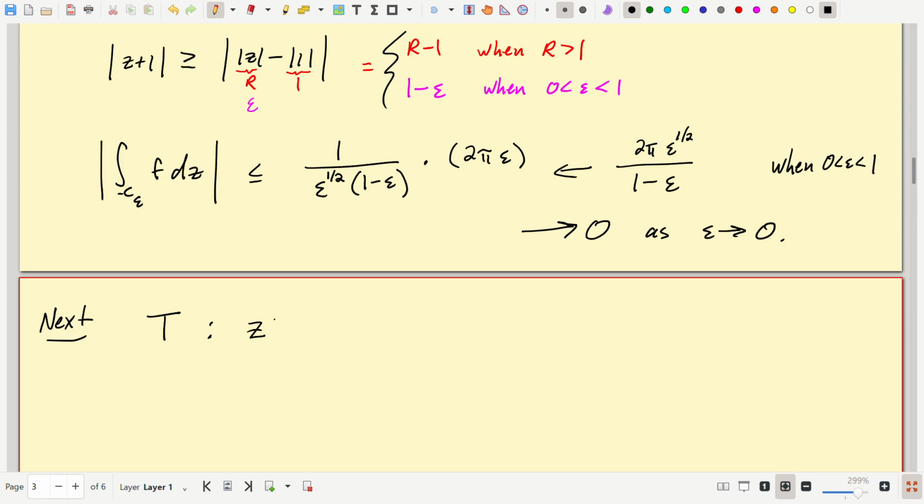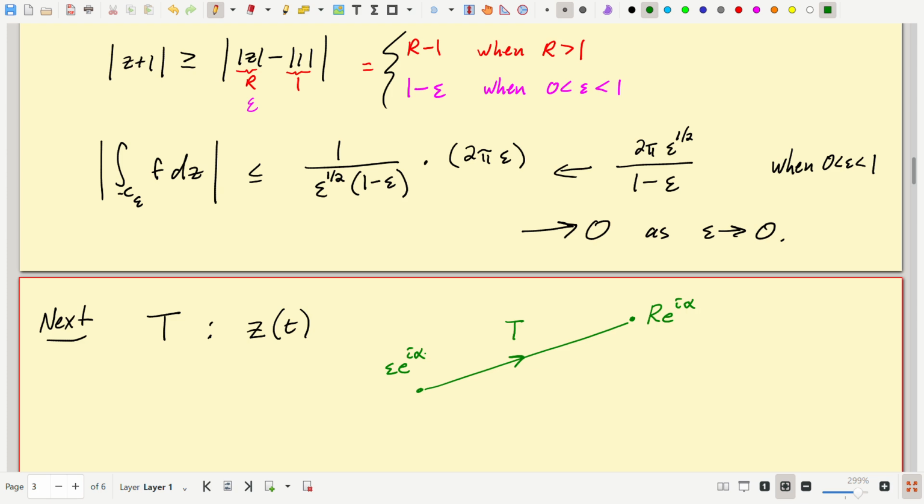I made it green, didn't I? It goes out like this. And I want it to go this direction. This is the point r e to the I alpha. And it starts at the point epsilon e to the I alpha.